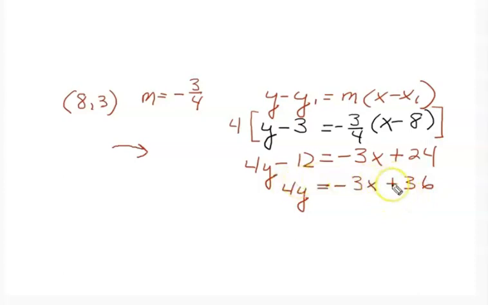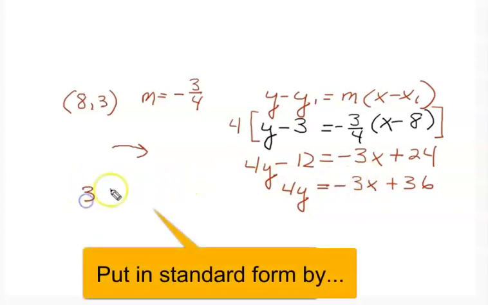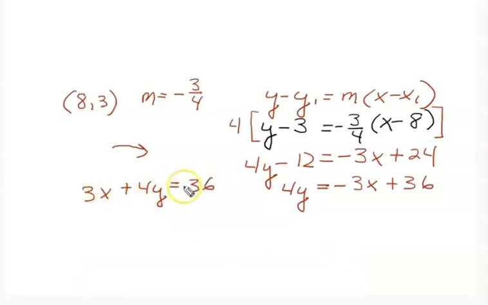Now, before we leave this stage, we could put this in standard form by taking this x term, I'll put it over here, and it would become 3x, transposing that, plus 4y equals 36. That's now in standard form: ax plus by equals c.